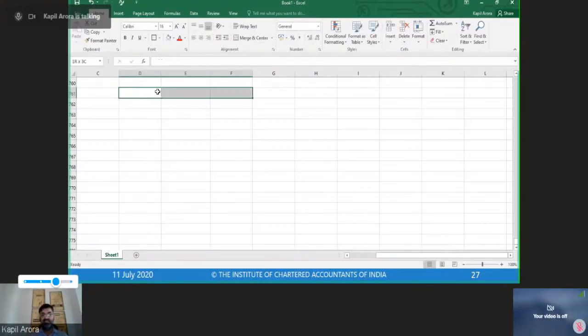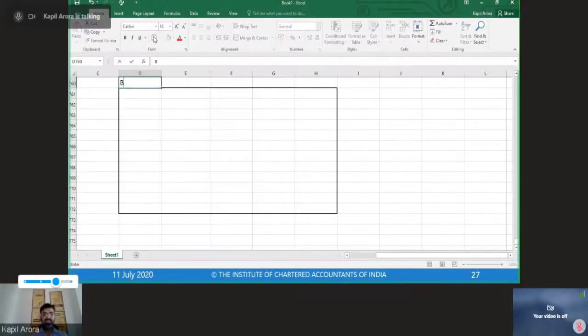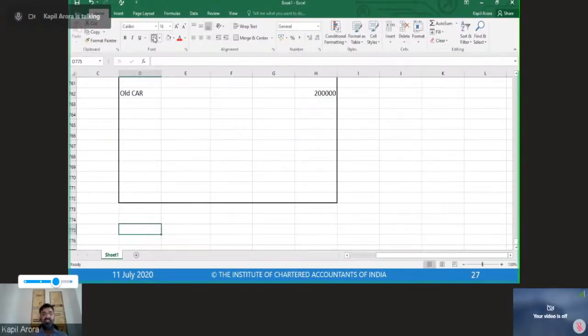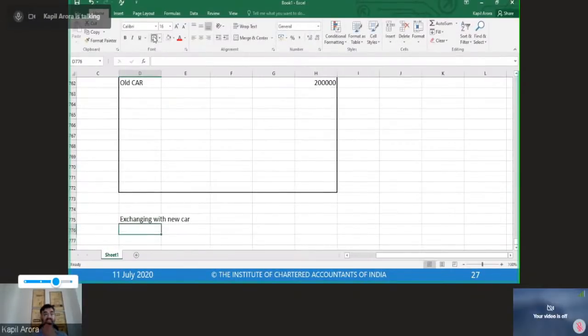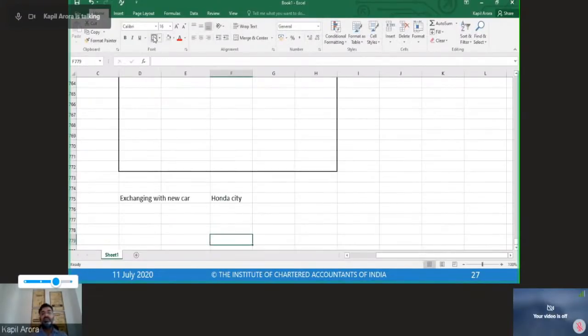Let's make it in the balance sheet. This is my balance sheet. I have an old car having a carrying value of 2 lakh in my books. I am exchanging it with a new car. I want to buy Honda City. So what is the value of the new car?